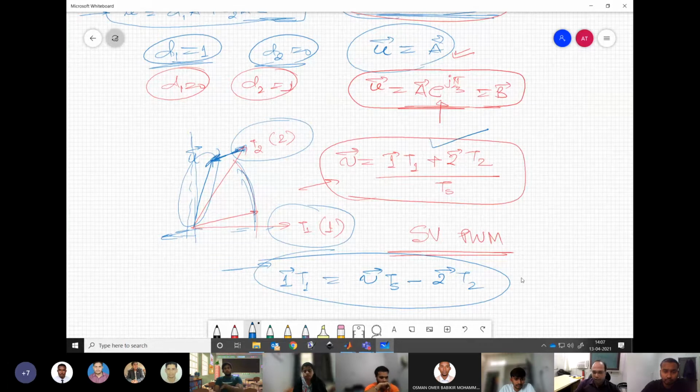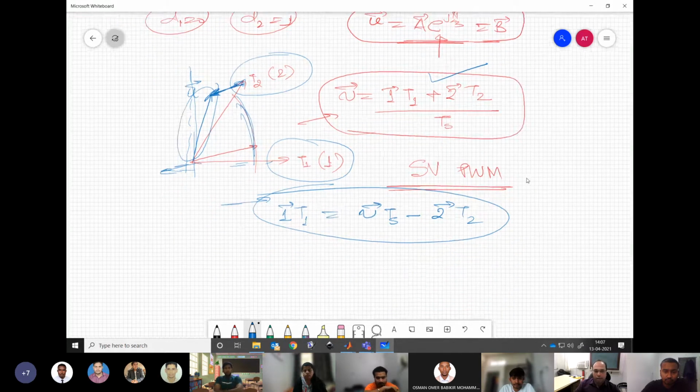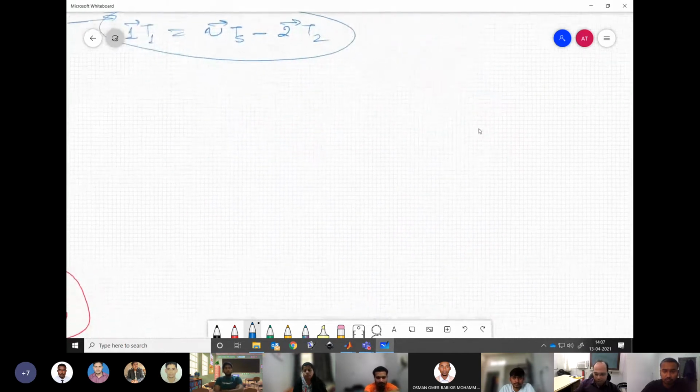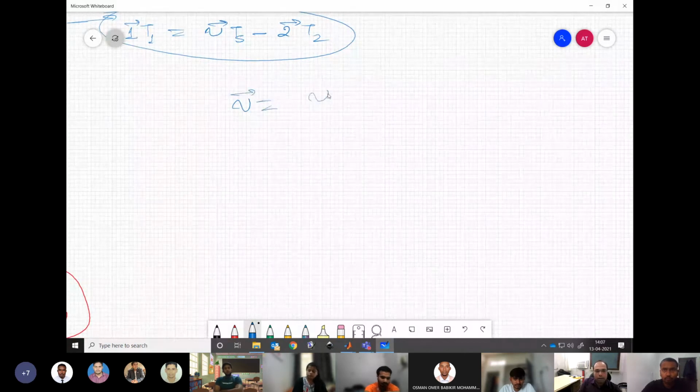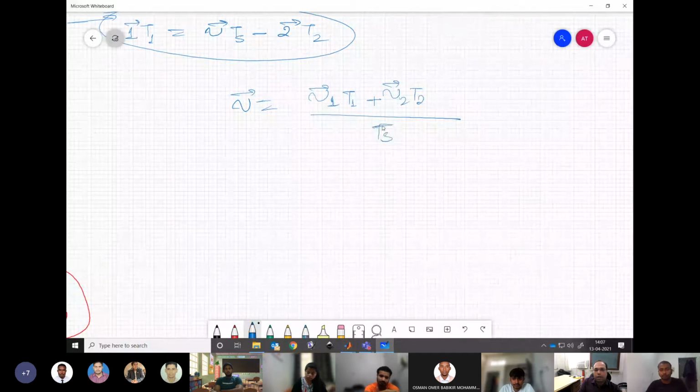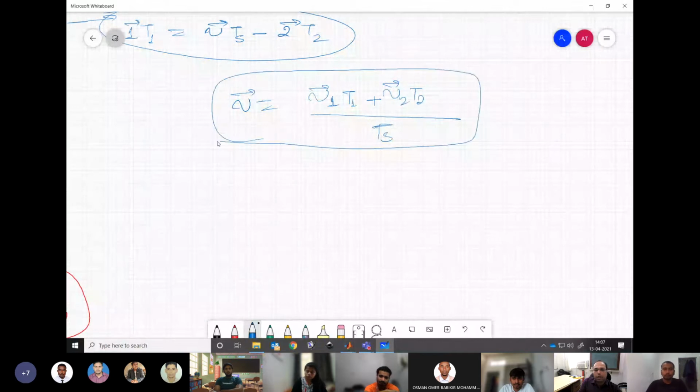So let's say if I write the equation again, it can be written as: the vector which we are trying to realize is V1 vector for duration of T1 plus V2 vector for duration of T2, averaged over Ts.